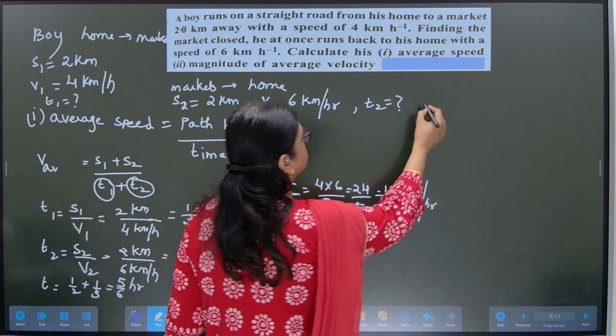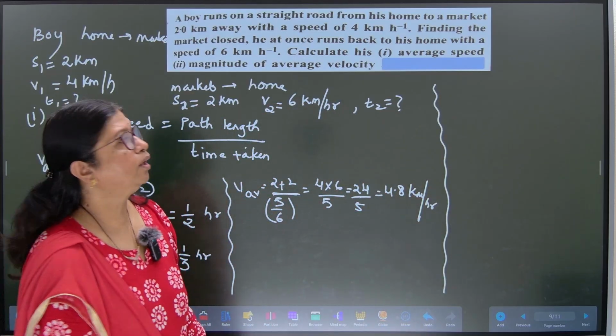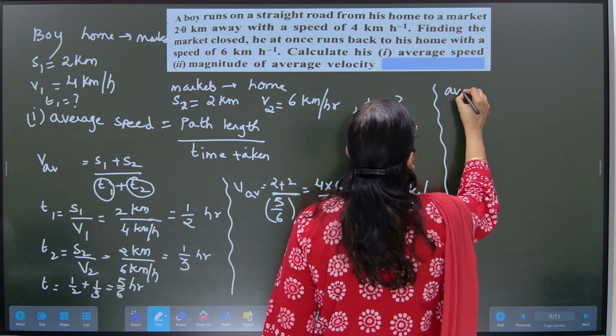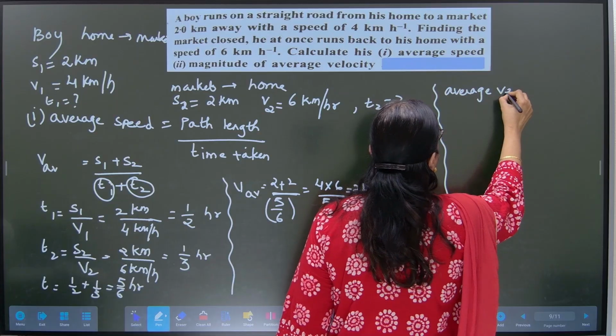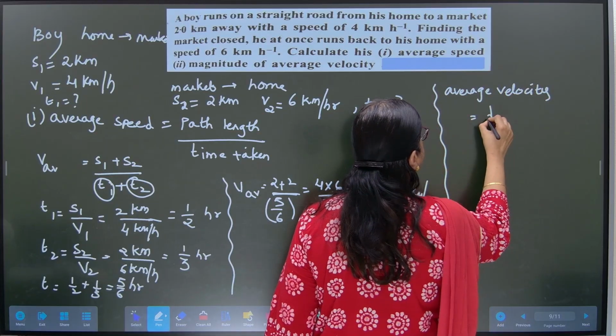Now what is asked to me in the second bit? Let me do the second bit here. Okay, now what is the formula of average velocity? What is its formula?